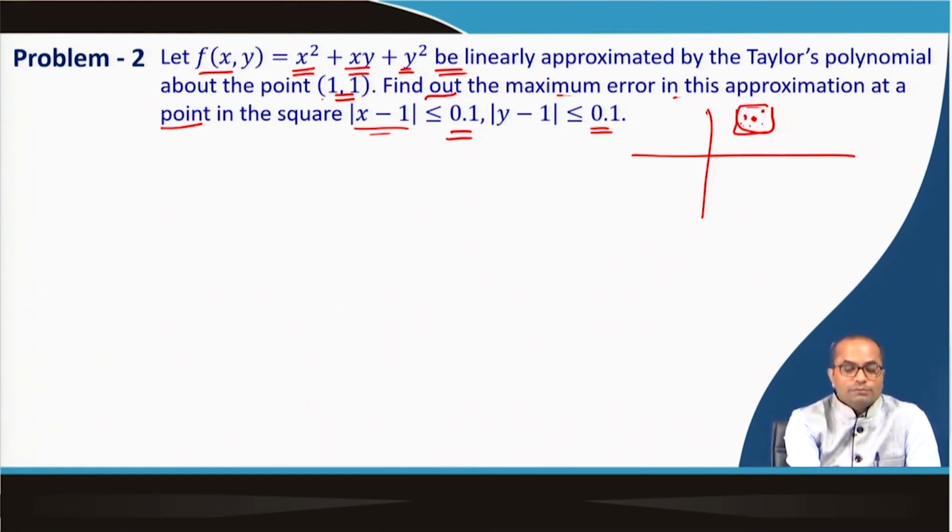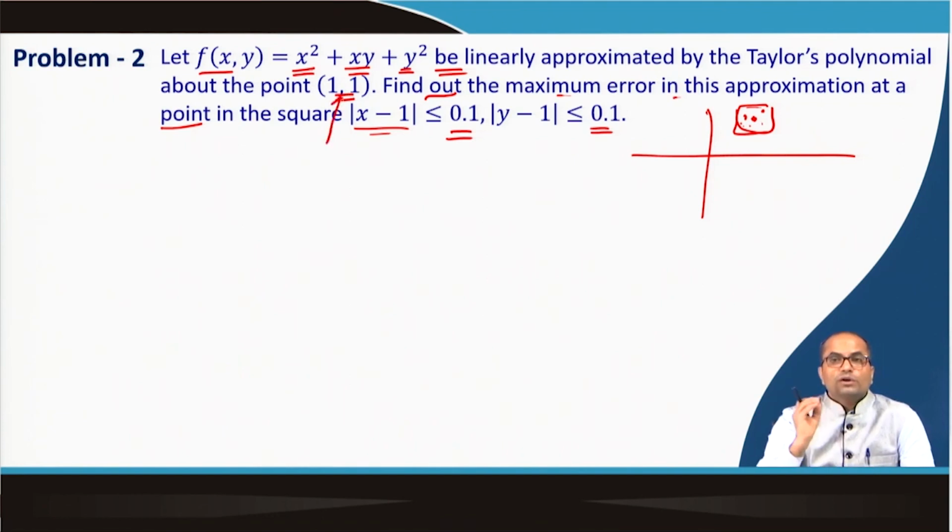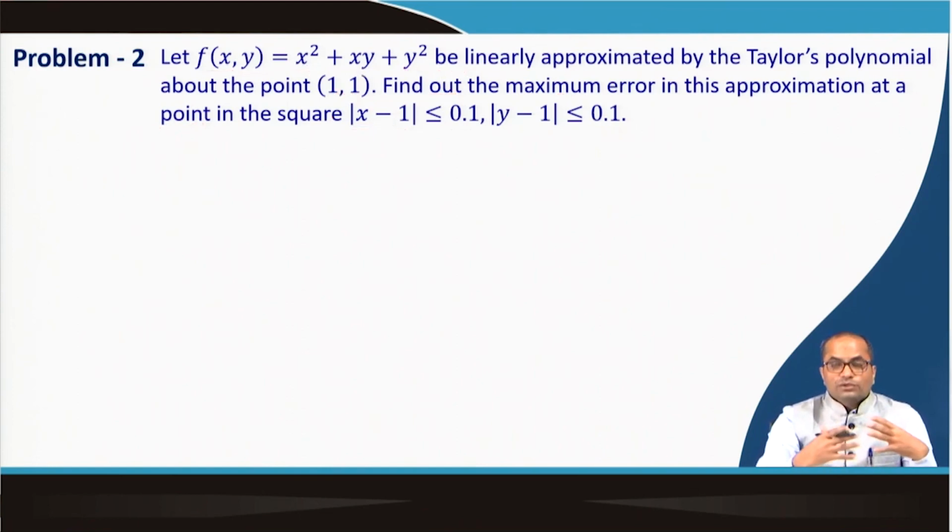See, the Taylor's theorem we will be using around (1,1). So, here the question is, if we take any point from this square, what could be the maximum error. So, here we will use the remainder term to get this maximum bound on the error.